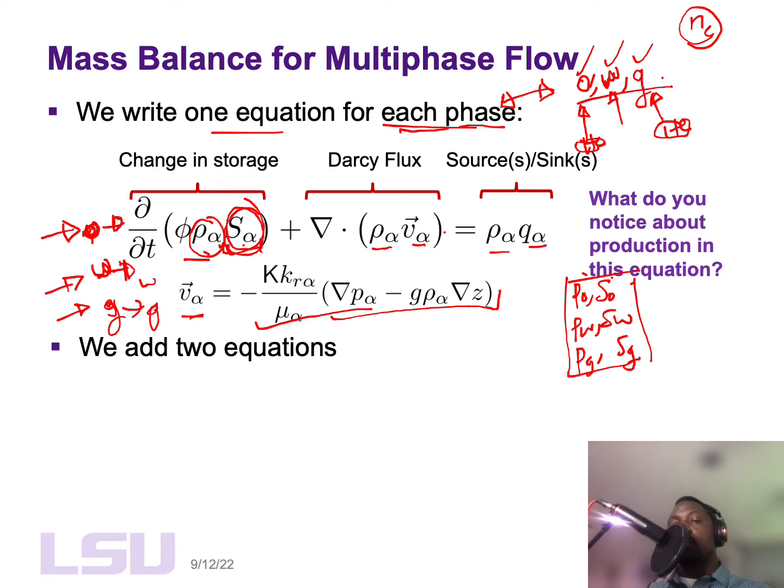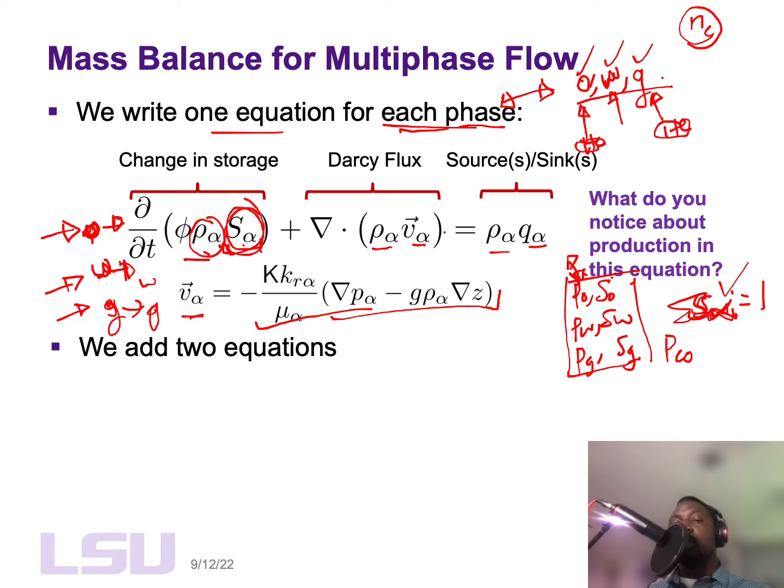So to make the system solvable, we need to add in constraints, and these constraints include the one we already looked at before, summation of all the phases. Summation of the saturation of all the phases should be 1, right? SO plus SW plus SG equals 1. And then the other is capillary pressure.